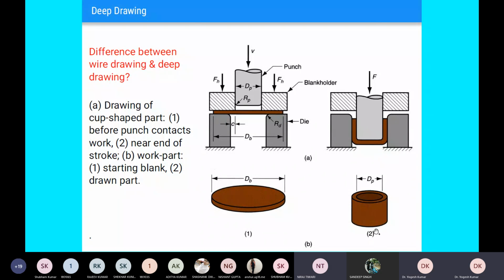In figure 2 we can see this is your final product. For this final product, what will be the volume of this bottom portion as well as the volume of this portion? Since we are assuming that the diameter of the lower portion is small d, the volume of this portion will be pi small d square by 4 into T, right, Sandeep?